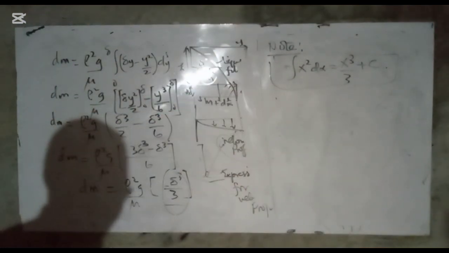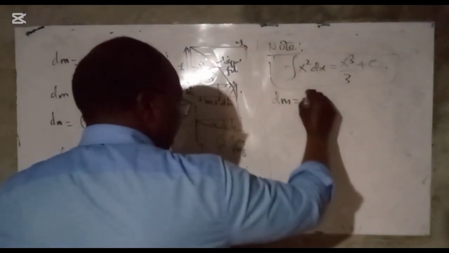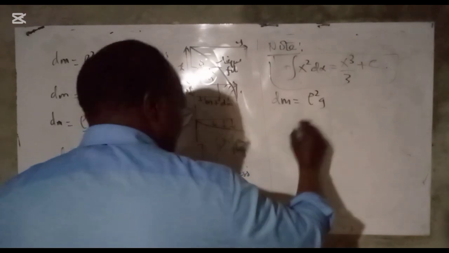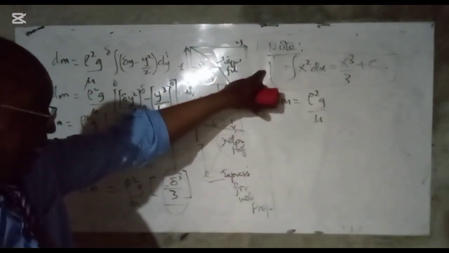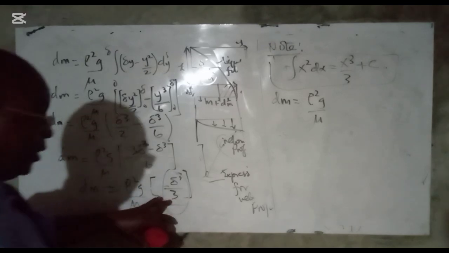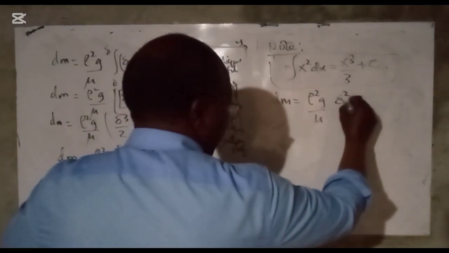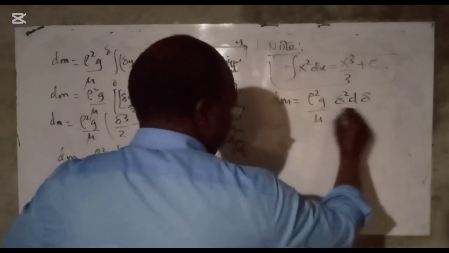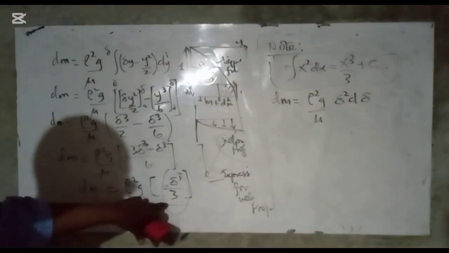Therefore, dm can be expressed as rho squared g over mu, and I use this identity to transform that so that I have sigma squared d sigma will be sigma cubed over 3.